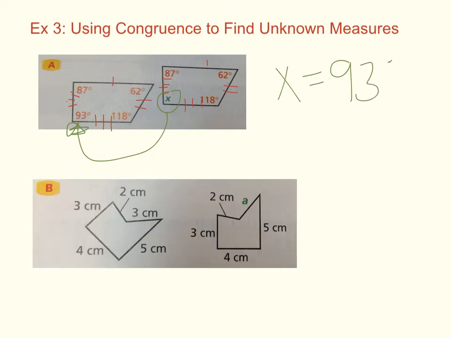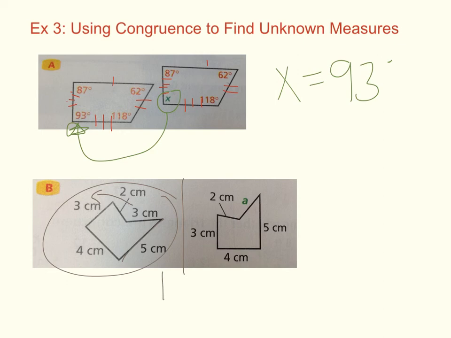Example B is a little bit trickier. We know that the corresponding sides are congruent, so we're looking for not the angle measures this time, but an outside side. So what would happen if I took this shape here and rotated it a little bit so that the point was facing upright?